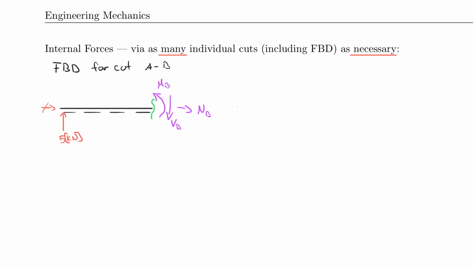And you can already tell that due to the sum of the forces in the x direction being equal to 0, N at B is really equal to 0. I don't have to explain that. But for the sum of the forces in the y direction being equal to 0, I use upwards positive, and 0 is equal to minus positive VB plus 5 kilonewton.